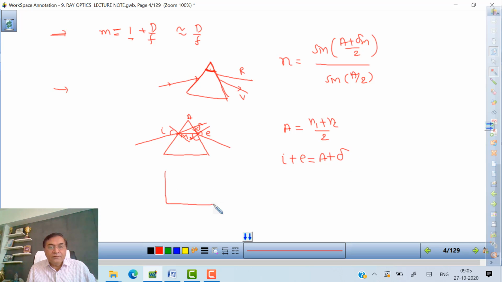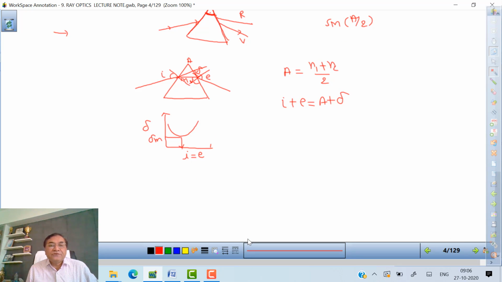And if you plot a graph of I versus delta, then it looks like this. This angle corresponds to minimum deviation, and at minimum deviation I is equal to E. This you must remember, and problems are asked based on it. Without the figure you cannot calculate it. Okay.